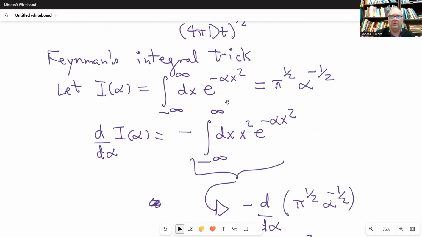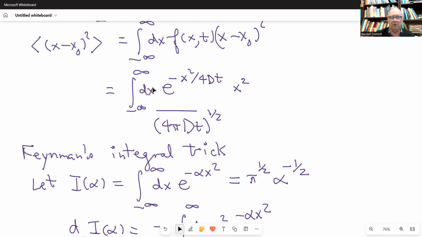So this is the integral trick, and this was the integral we wanted to do here. Well, we have the answer. Okay, we know what that is.